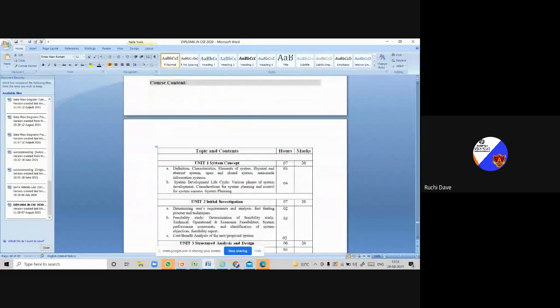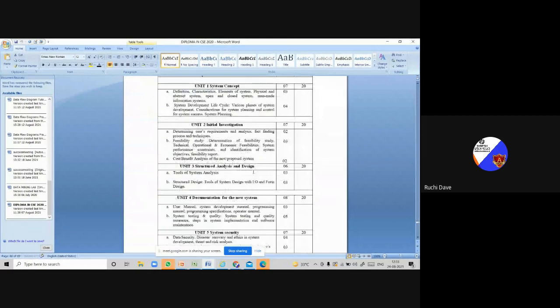Yes, ma'am. Now see, this is your first unit, system concepts. We have done the system concept, element of system, physical abstract system, open closed system, man-made information system. We have done the system development life cycle. Then afterwards we have done the consideration for system planning.